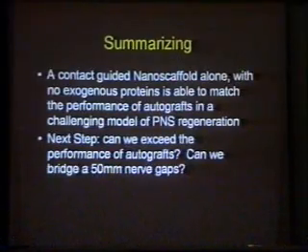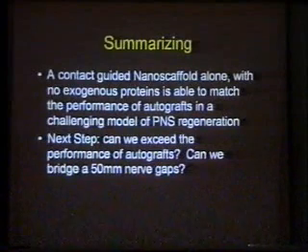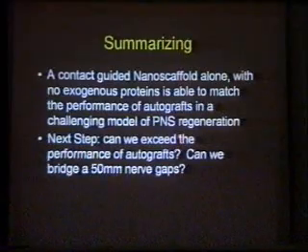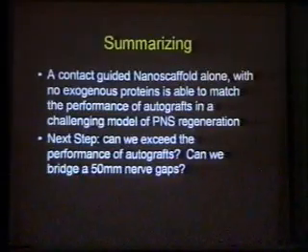And we can also embed within the scaffolds nerve growth factor releasing or BDNF releasing fibers. And the goal is we really want to see if we can beat the performance of autografts, now that we have a handle on how they work, across a 50 millimeter nerve gap. If we do this, I think we can go to the clinic. And I think we'll know in 2 years whether we can do this or not.